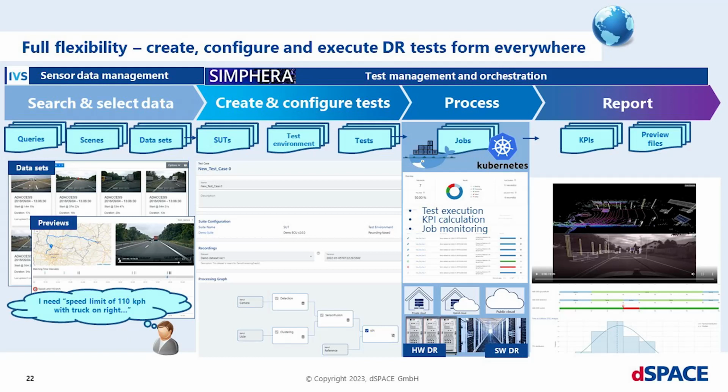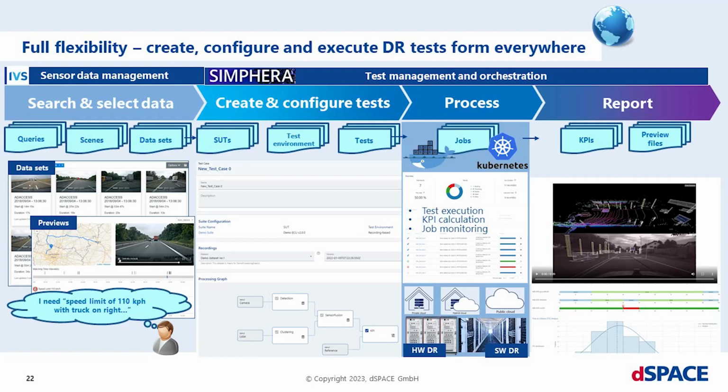For each data replay test, at least one dataset, a target replay station, and related SUT must be specified. The replay system can be software or hardware-based and located in a public cloud or data center. During test execution, each dataset is downloaded to the related test station and processed as a replay job, sequential or in parallel to other jobs orchestrated by Synfera.